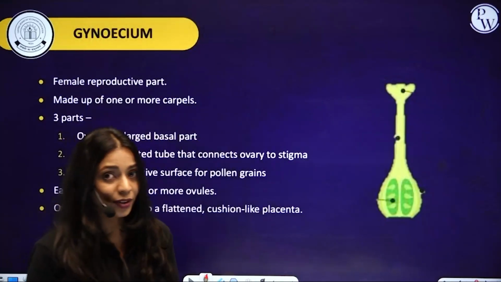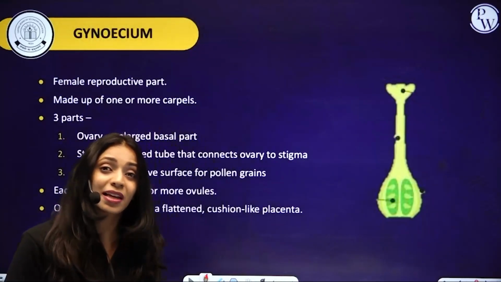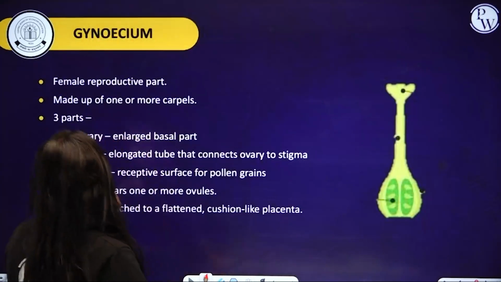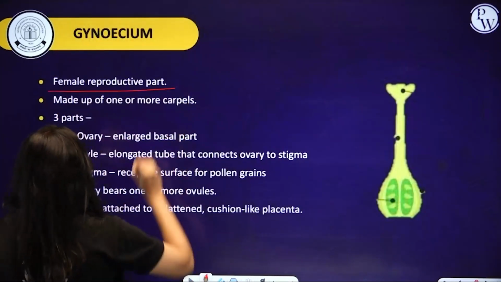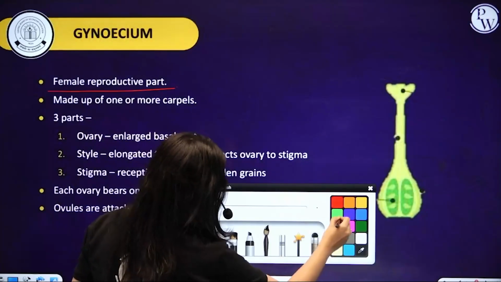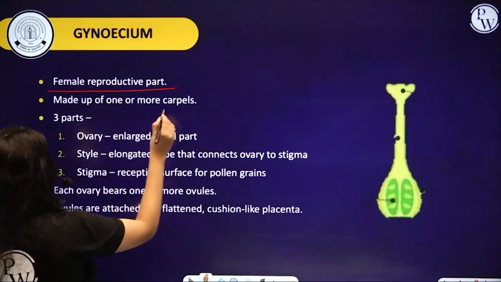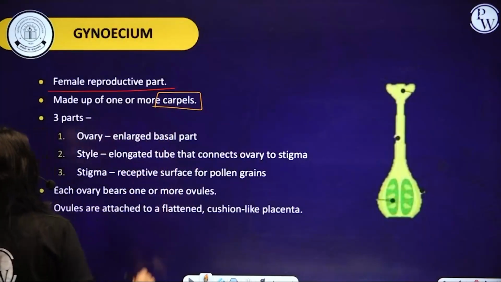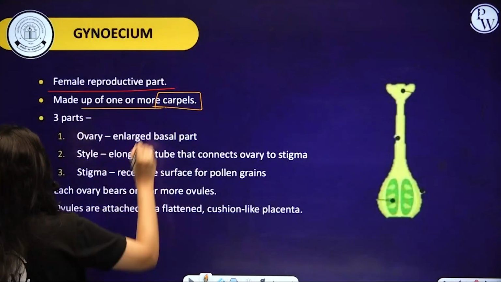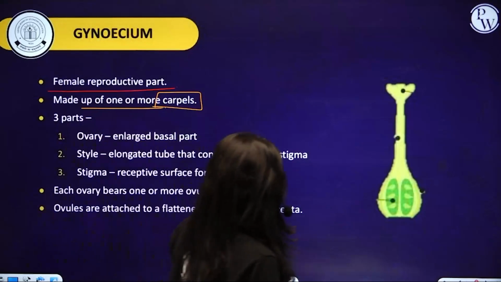Now we'll talk about gynoecium, which is the female reproductive part of the flower. So gynoecium is the female reproductive part. Its units are called carpels. It may be made up of 1 or more carpels. Each carpel has 3 distinct parts.